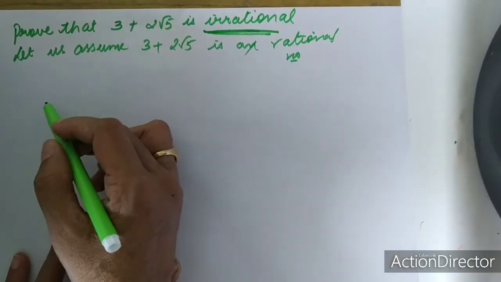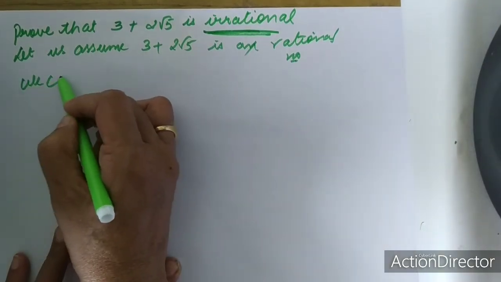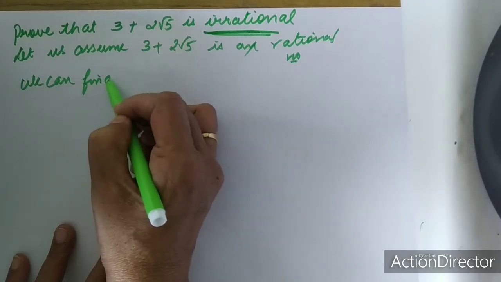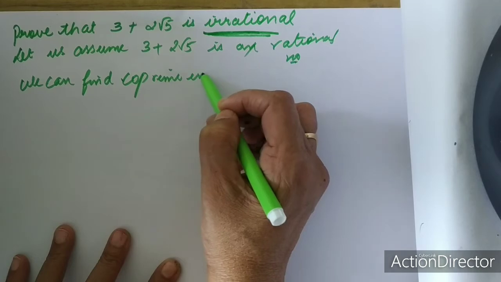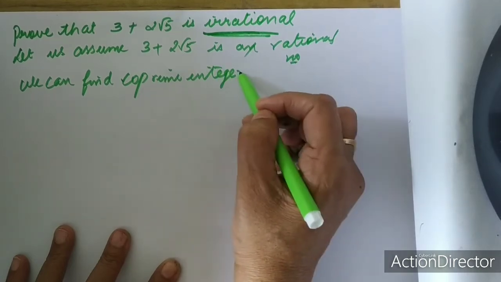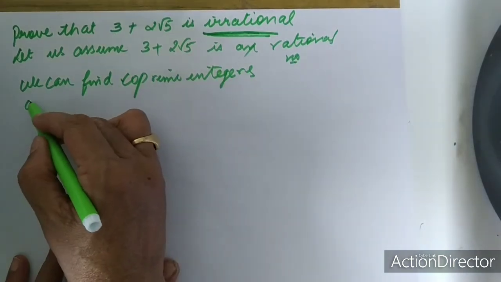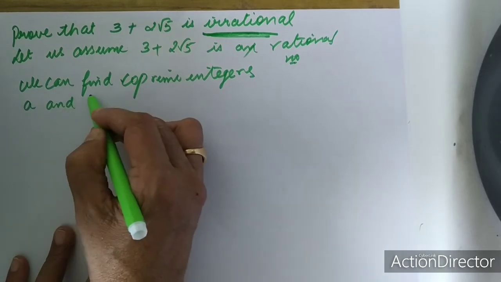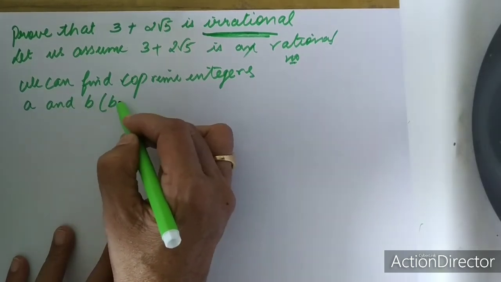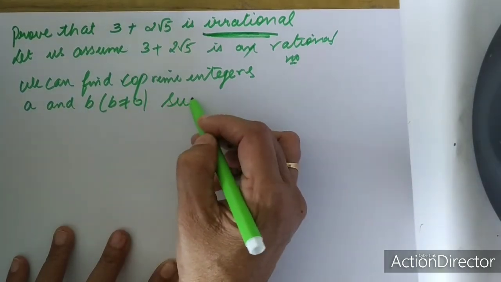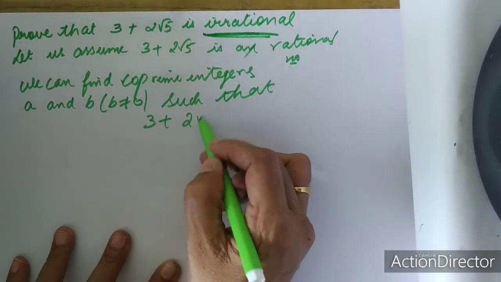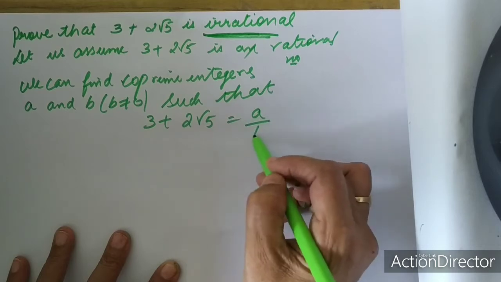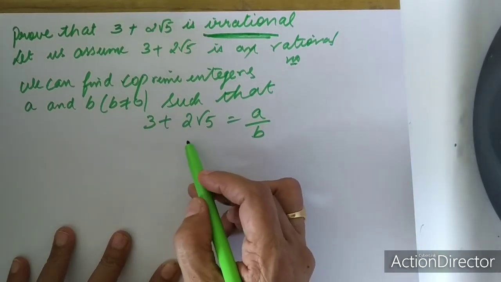So we can find co-prime integers A and B, where B is not equal to 0, such that 3 plus 2 root 5 is equal to A upon B. Now we will take 3 to the other side.